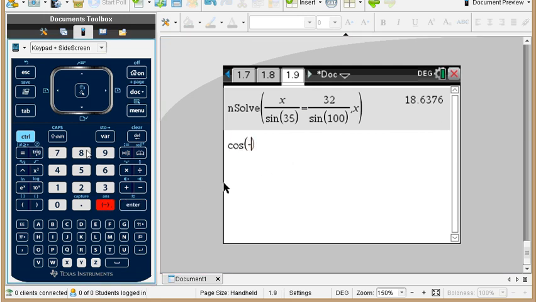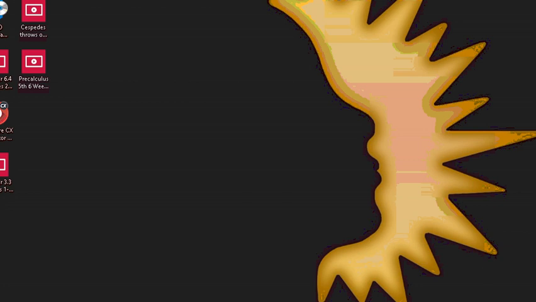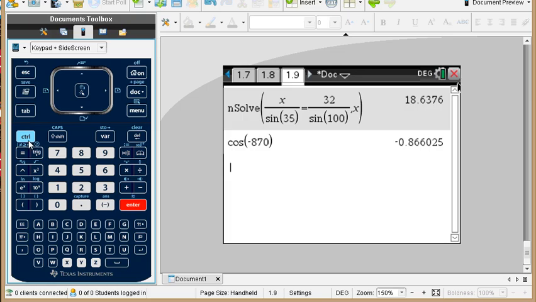So that's going to be negative square root of 3 over 2, I believe. Negative 0.866. So A is our correct answer for that one. And there we go.